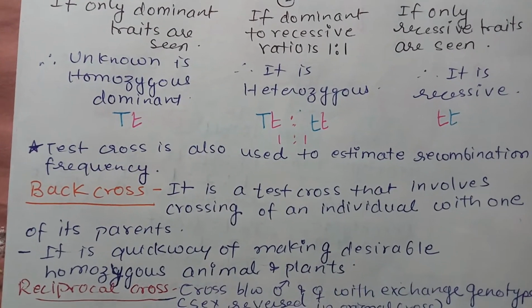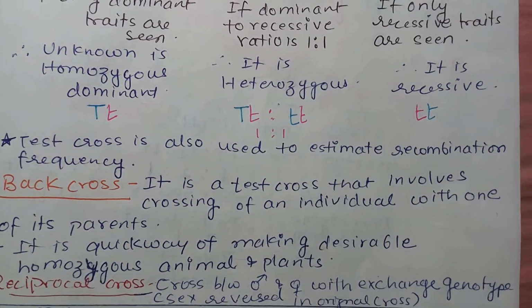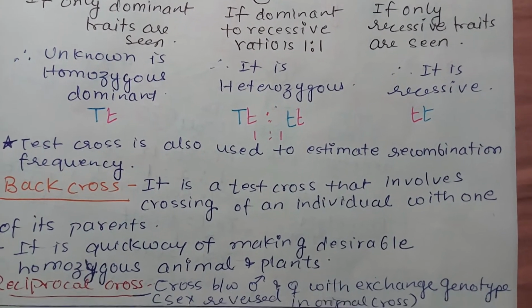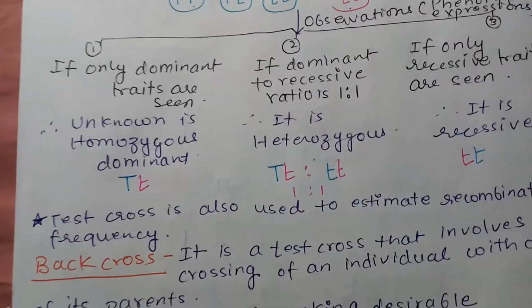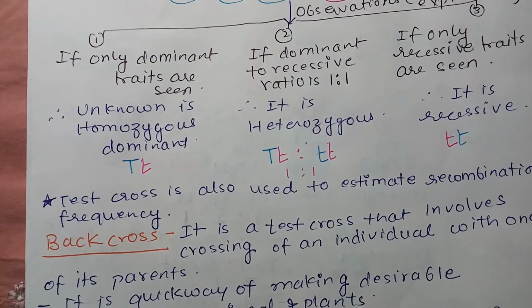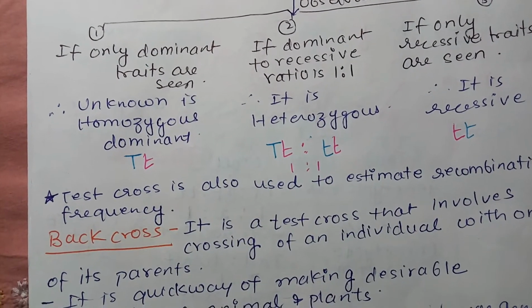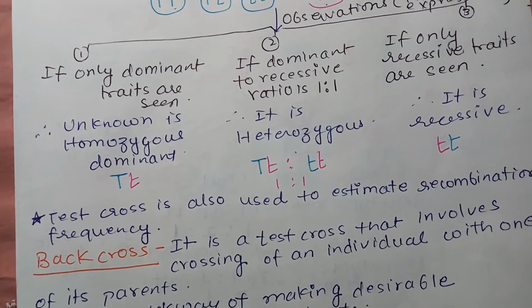A reciprocal cross is a cross between male and female with exchange of genotype. Suppose we started the cross with a homozygous tall male and a homozygous dwarf female.